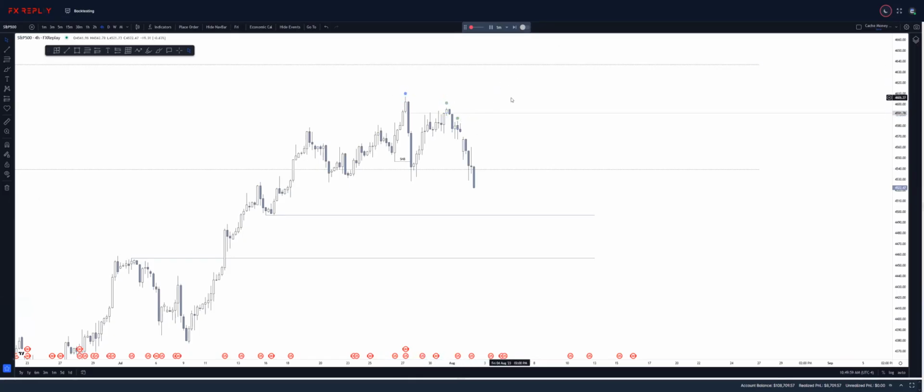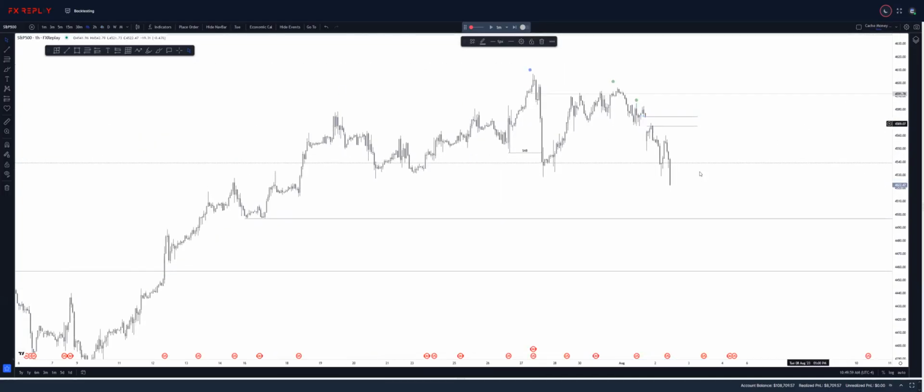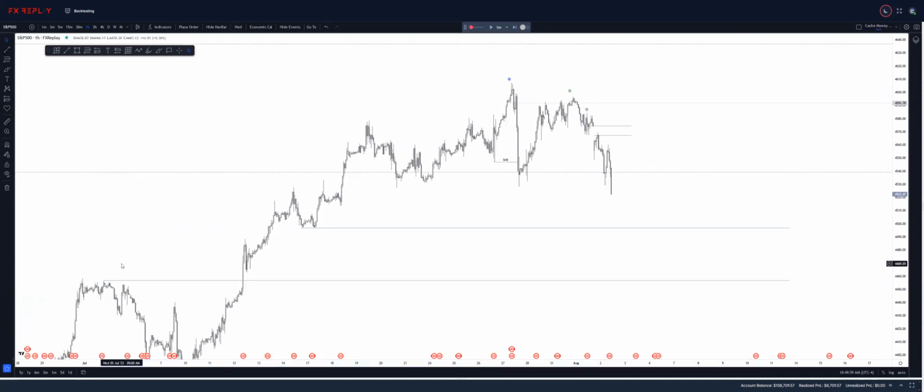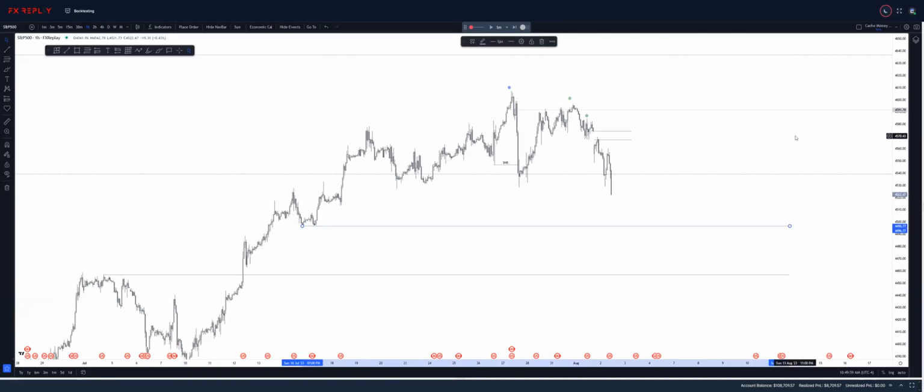One here, and we're asking ourselves, where's the next ISP likely to form? We have a gap in the market here, and that's about it for the 4-hour. And now that we have a higher time frame bias that's being confirmed by our MTF, what direction are we going to be looking for? Would it be wise to try and ping pong the market, or would it be wiser to just trade pro trend?